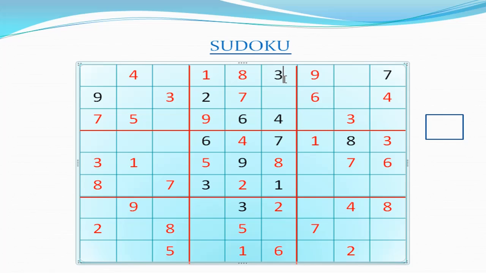So the key is I have to find a tile which is the only option for placing that number, right? And when I'm sure that I'm left with just one tile for 3, I'm placing it there. Before that, I will not, because that is just a possibility.